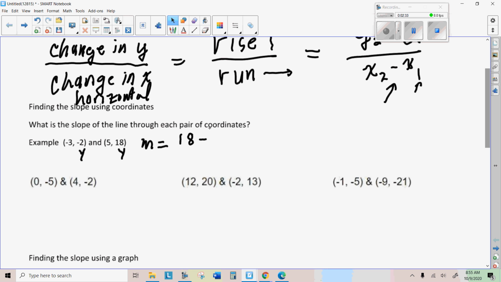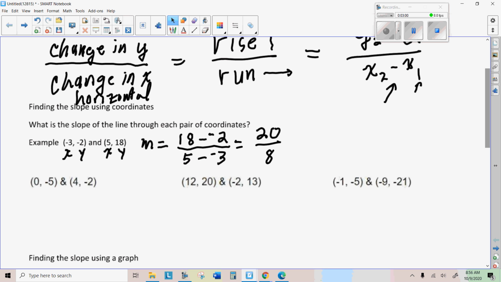That way that number is positive. Not that it matters. You could do -2 minus 18 if you want. Now, whatever order you subtracted the y's, you need to subtract the x's in the same order. So that would be my 5 first, and then my -3. Okay, so 5 minus -3. And so that's 20.